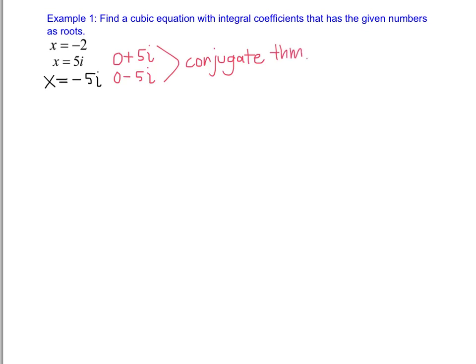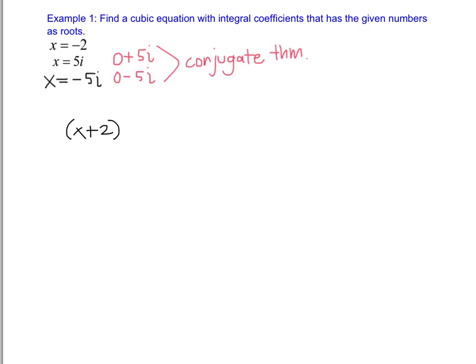Okay, so we've done a problem like this earlier in 8.5. If I know that x equals negative 2 is a root, then I know that the binomial x plus 2 is a factor of the polynomial. Because if you think about when you solve polynomial equations, you set each factor equal to 0. So setting x plus 2 equal to 0 gives me x is negative 2.